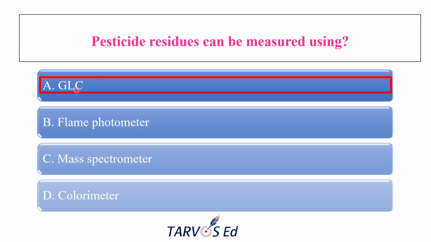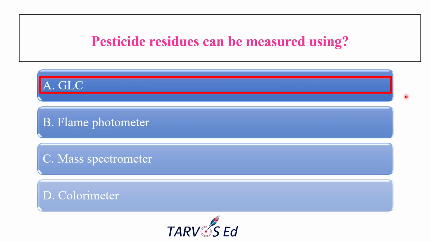What the instrument does is separate the chemical compounds based on their volatility, and also the interaction happens with the liquid stationary phase. This technique is commonly used for detecting most insecticides like organochlorines, organophosphates, and pyrethroids.